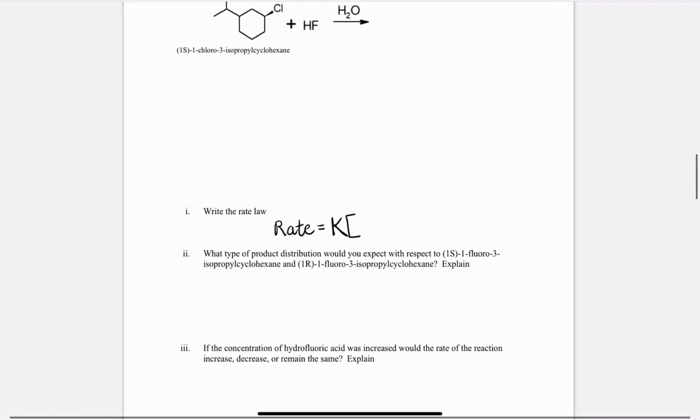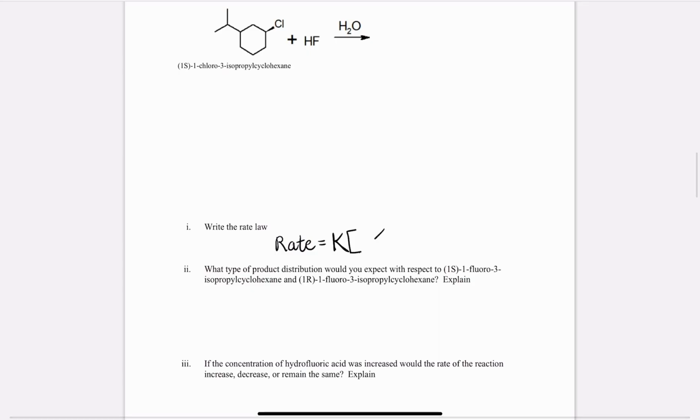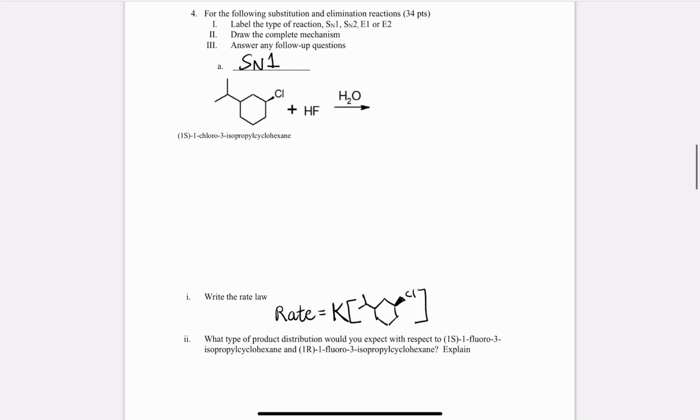So what's the main molecule in this one? The substrate is this molecule with the chlorine as the leaving group and a little isopropyl right there. And because it's Sn1, it's only this one thing, the molecule, that we have to consider.